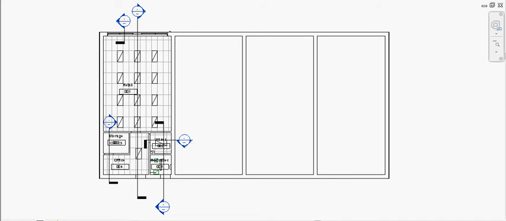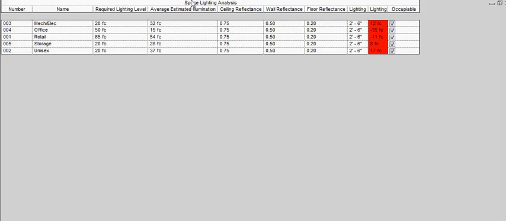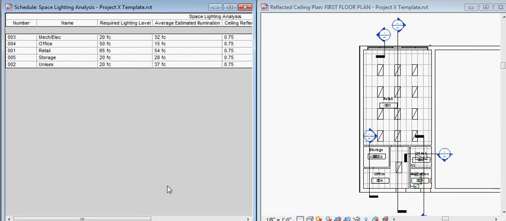So here, with this chart, and I'll do a tile here to show both simultaneously, you can see that the office space, which is set at 50 foot-candles, is only receiving 15, and that's based on the one light fixture. The top one, which is mechanical and electrical, which is 20 foot-candles, is looking at 32 foot-candles. It's too hot. And you notice I only have one fixture in there.